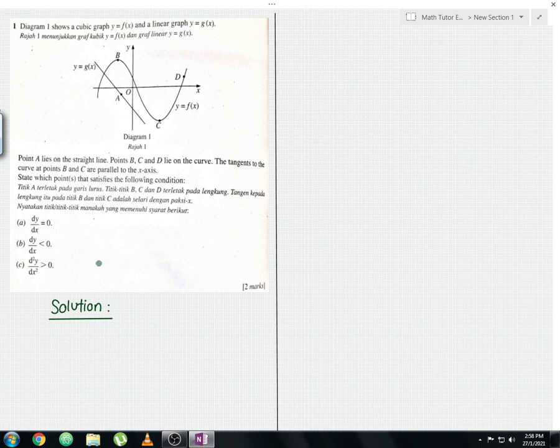Okay, let us continue our discussion, guys. In part A, they ask us to find which point satisfies the condition where dy/dx equals 0. dy/dx equals 0 is also known as a turning point. So at least from this information you are able to guess which point is the turning point.